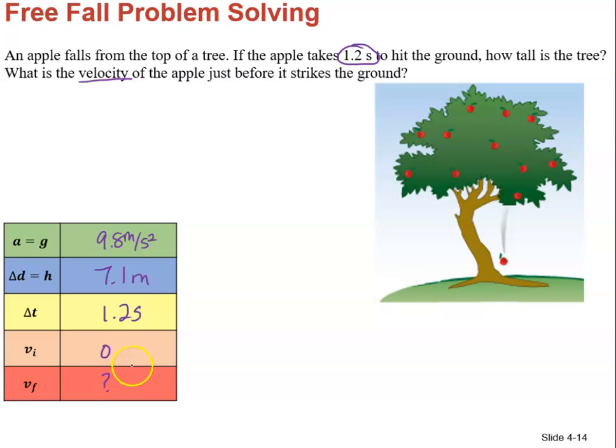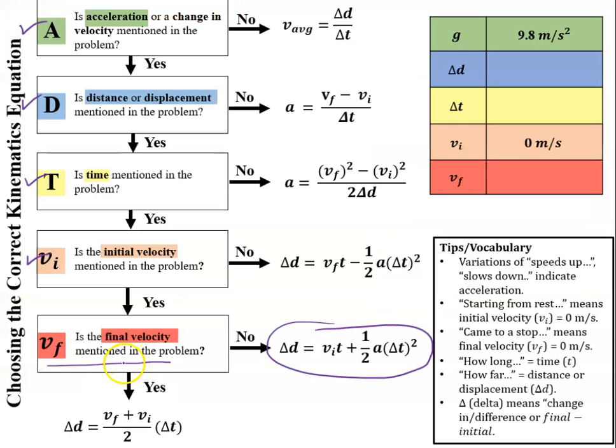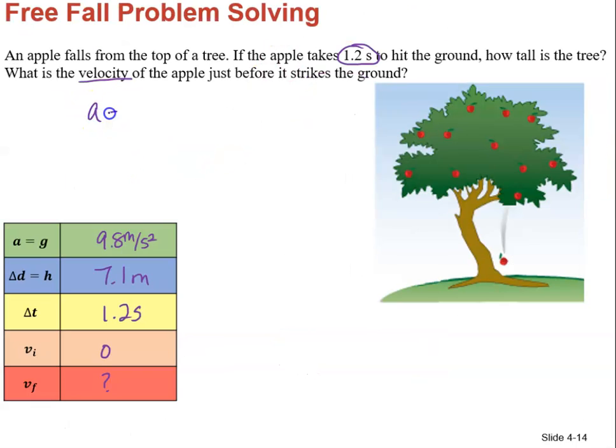So to find our final velocity, we can actually use any equation that has final velocity in it, but we generally want to use the simplest one, which will be this one. So if we have a is equal to final velocity minus initial velocity divided by time, I need to solve it for final velocity. And what that's going to look like is this.